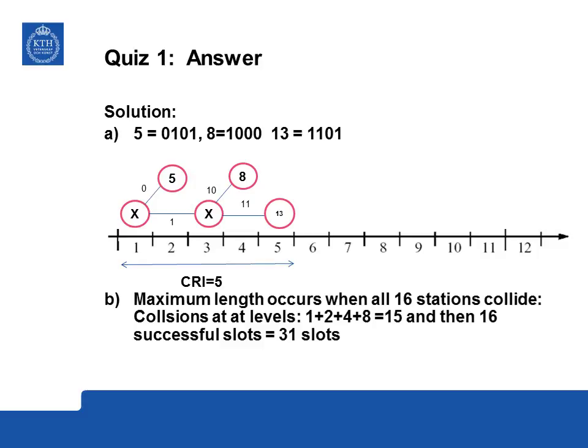What happens when there's very high load, and what is the maximum length of the conflict resolution interval?